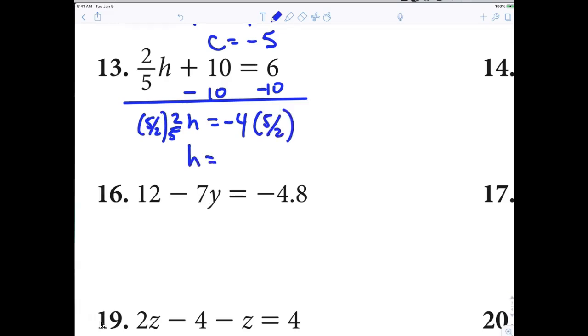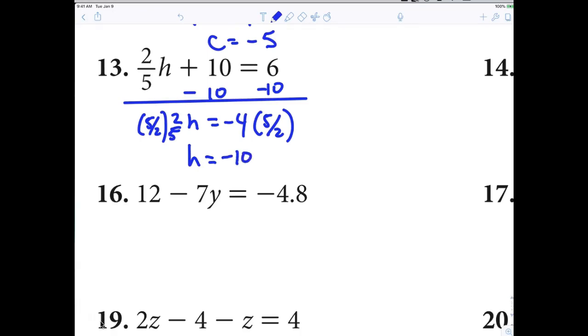Just let him finish. What am I doing, Diesel? Look up. Did you say multiply by the reciprocal? Yeah. Okay, so what's -4 times 5 halves? Don't tell him. Would it be negative 10?